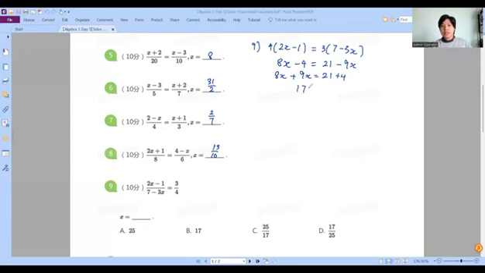I'm going to get 17x equals 25. Okay then, my value of x is 25 out of 17. Let's see, that's option C here. Okay, so once we're done with this, let me move on.